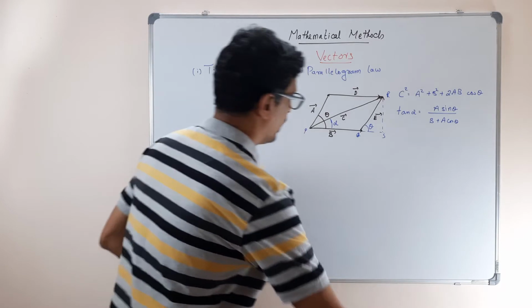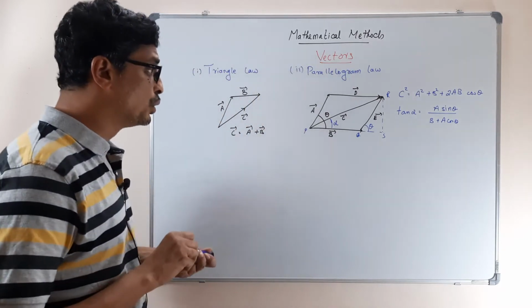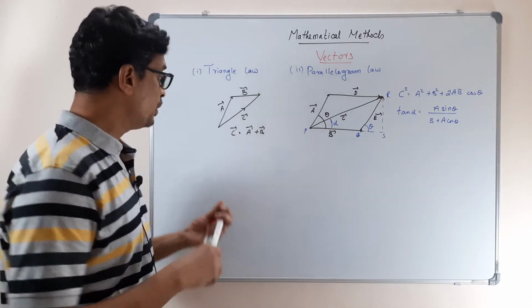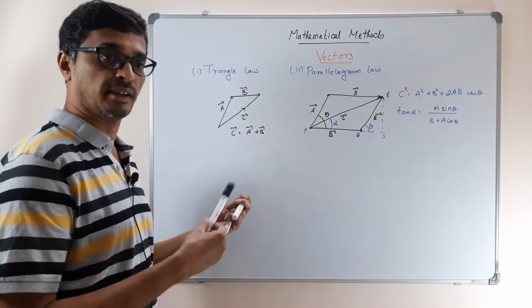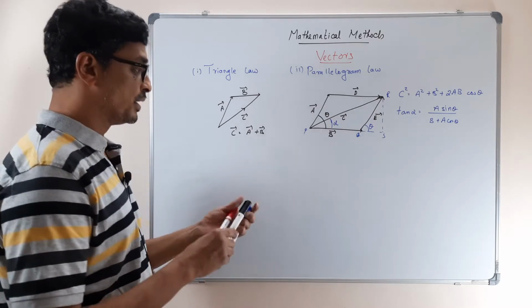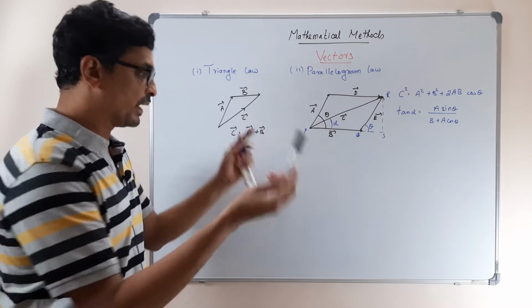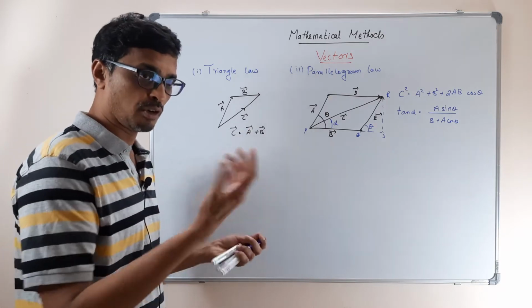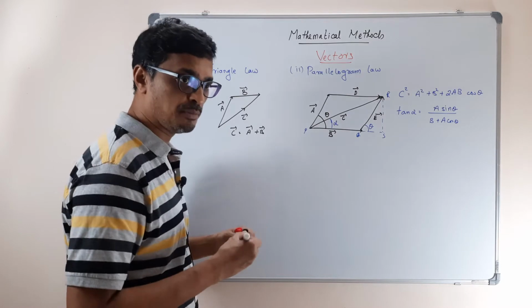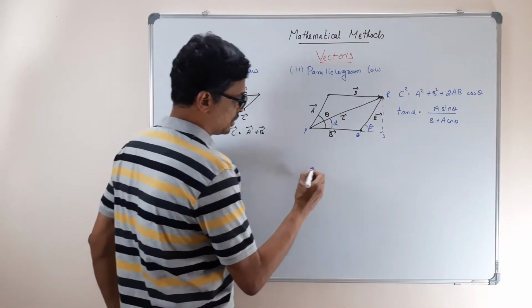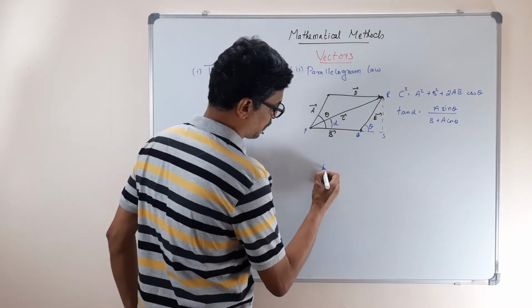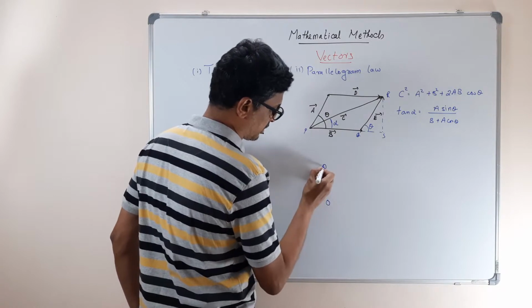Okay. And why do we need to do this? Why do we need to add two vectors? In a real life problem, where is the use? Let us take the same problem we are used to seeing. There is a catapult, right? So we have a catapult with a string stretched.